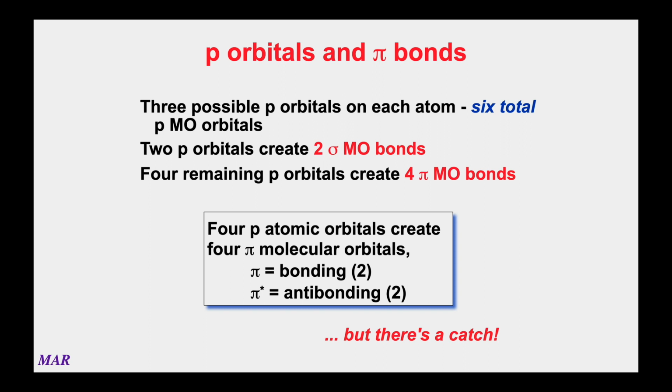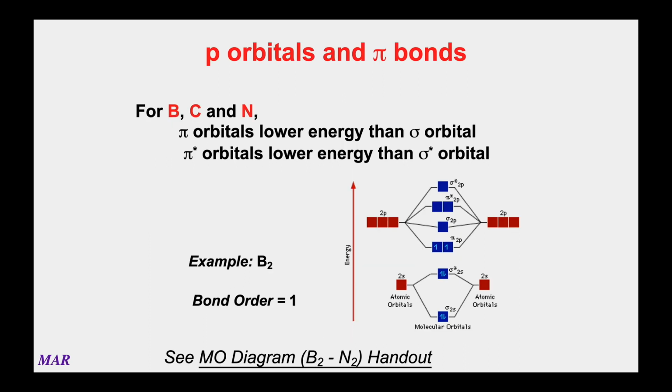But there's a little bit of a catch when it comes to the 2 p's. There's 2 different orbital diagrams we're going to be looking at. The first diagram we're going to look at is if you have a boron, carbon, or a nitrogen. And sometimes I think about this as the NBC diagrams. NBC, of course, analogous to the TV network NBC.